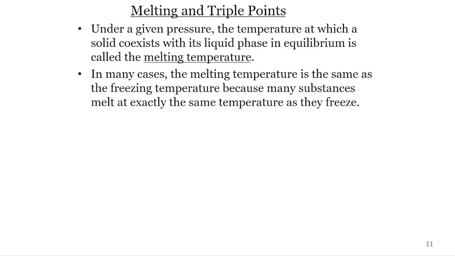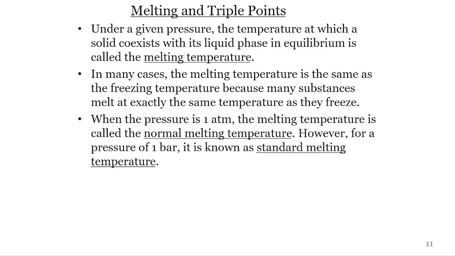For many substances, the melting temperature is the same as the freezing temperature. When the pressure at which melting happens is 1 atm, we talk about normal melting temperature. If it is rather 1 bar, we talk about standard melting point or temperature.